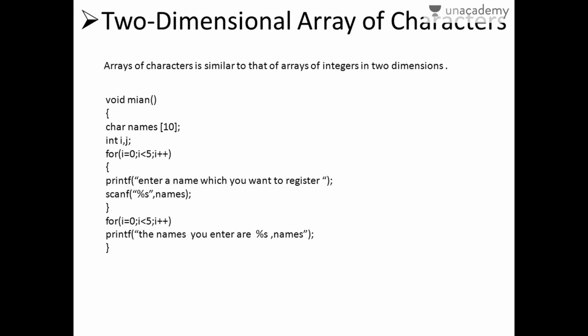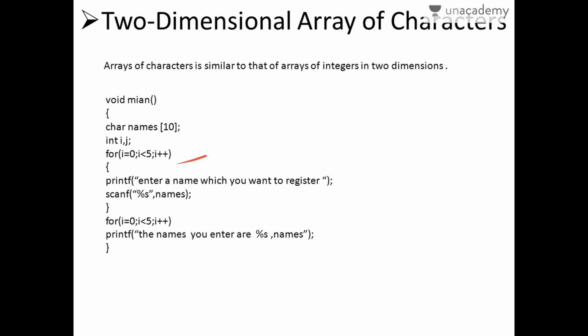Here also I wanted the same category of two-dimensional arrays, but of characters. So here I simply assigned a value 10 for variable names under the data type character. In this I'll be using a loop, looping 5 times.